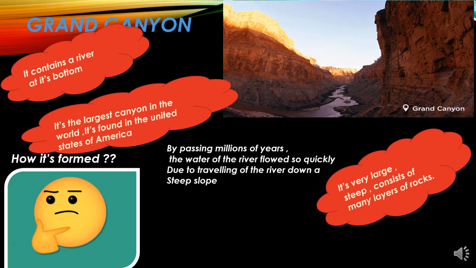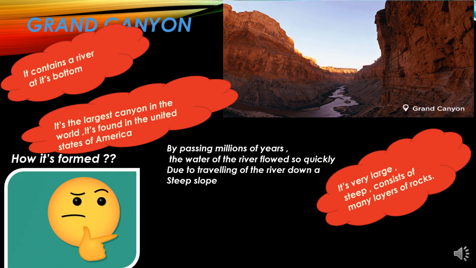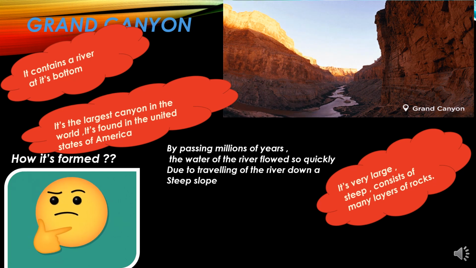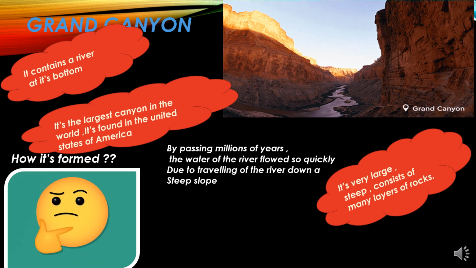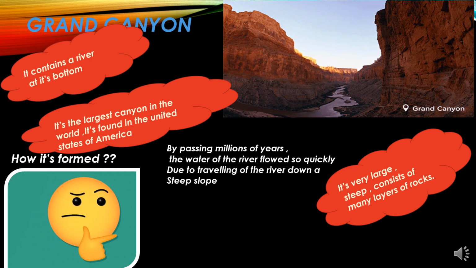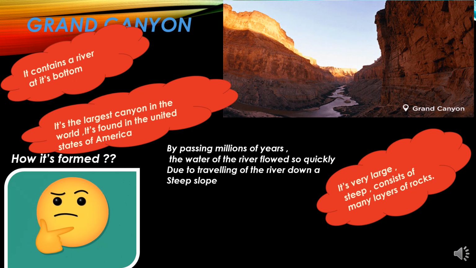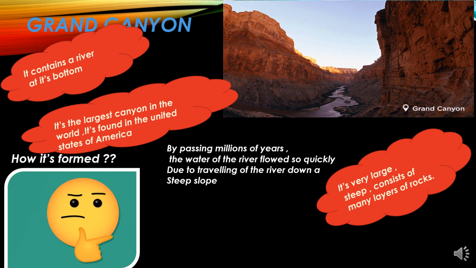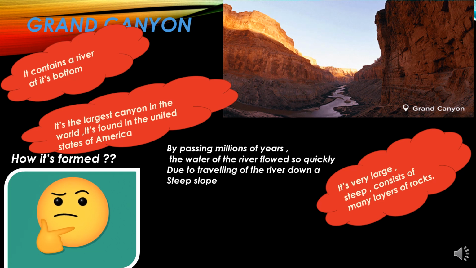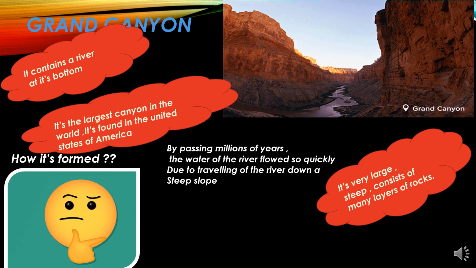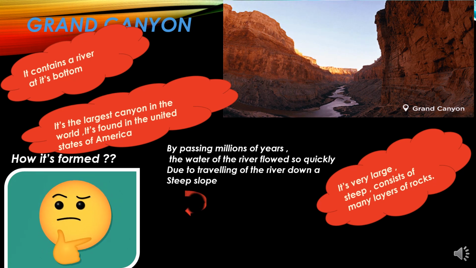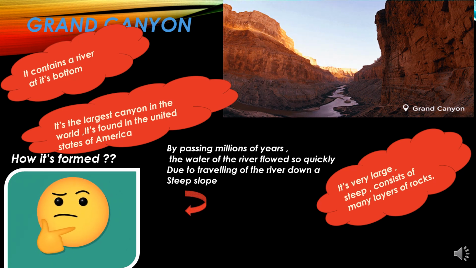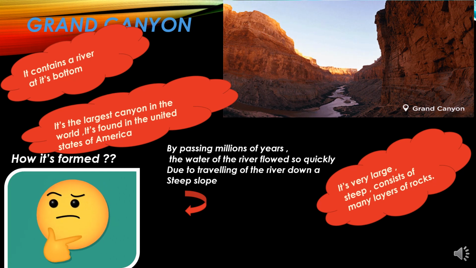Concerning its formation, like we studied before, grade 4, the formation of any canyon needs millions of years, as it needs the water of the river to move very quickly, so that the erosion between the river and the rocks will happen very quickly and very strongly to form such a steep slope. The fast-moving river water causes a lot of sediments to be deposited at the bottom of the mountains, which leads finally to the formation of the Grand Canyon.